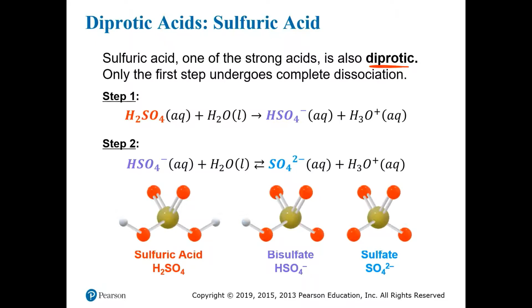However, unlike carbonic acid, the first proton dissociation in sulfuric acid is strong. H2SO4 fully dissociates into solution to give you HSO4- and H3O+. After that, the HSO4- undergoes a further dissociation step to produce the sulfate ion, SO4 2-, but this is a weak acid dissociation.